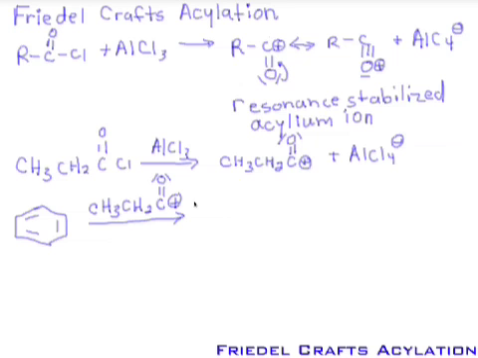So let's draw that ketone. Now, of course, as usual, I get the resonance stabilized benzenonium ion.